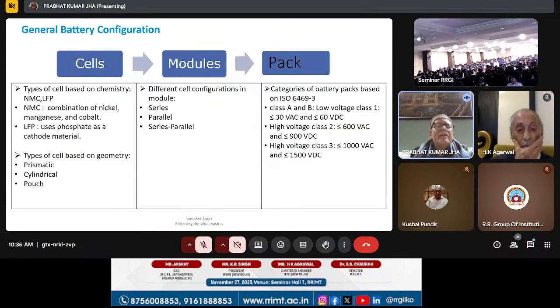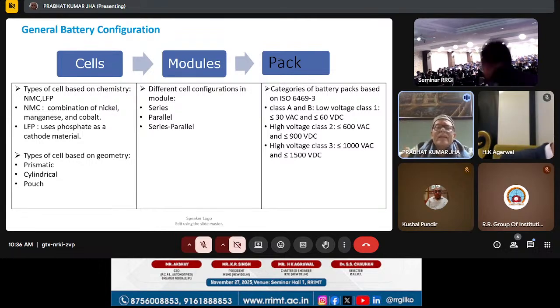Then you go to the general battery configuration. This is in three phases: there are cells, there are modules, and there is a pack. Type of cell based on chemistry is the combination of nickel, manganese, and cobalt, and the second is LFP, with phosphate as a cathode material. Then come types of cell based on geometry: it may be prismatic, cylindrical, or in a pouch.